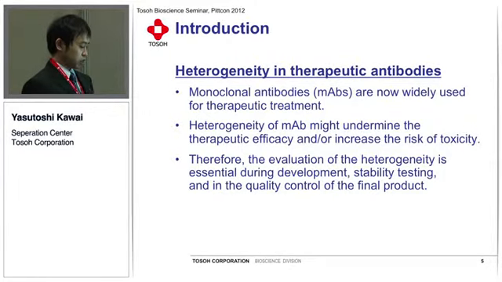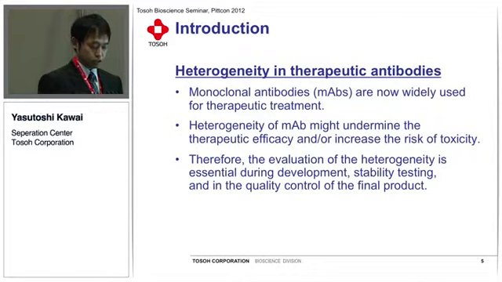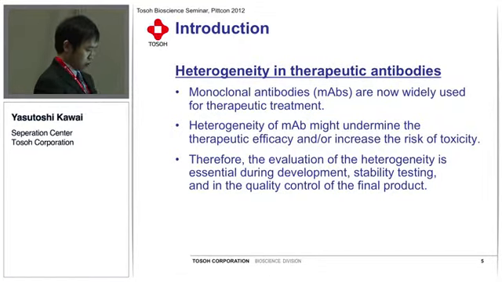Antibodies might display heterogeneity like other proteins, as I mentioned earlier, and that might undermine the therapeutic efficacy and increase the risk of toxicity. Therefore, the evaluation of the heterogeneity is essential during development, stability testing, and in the quality control of the final products.